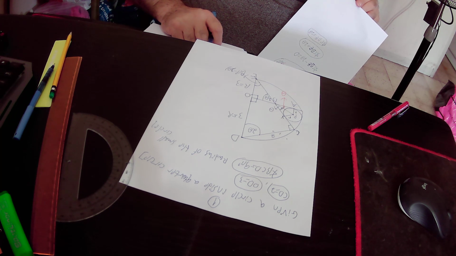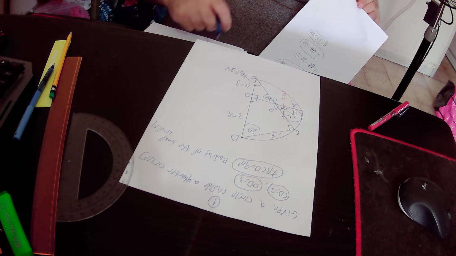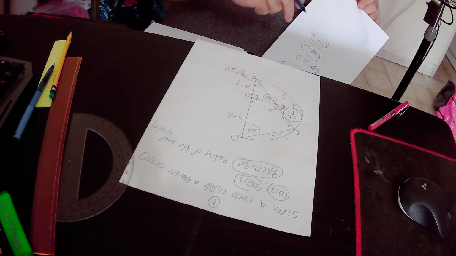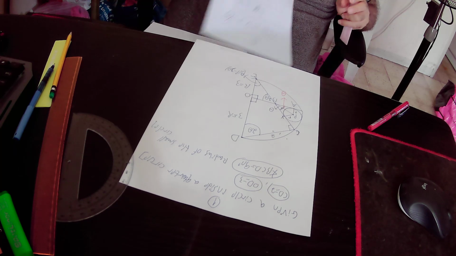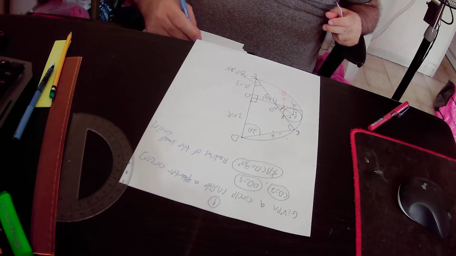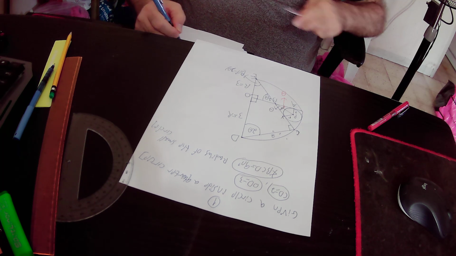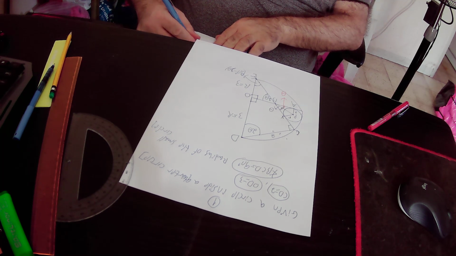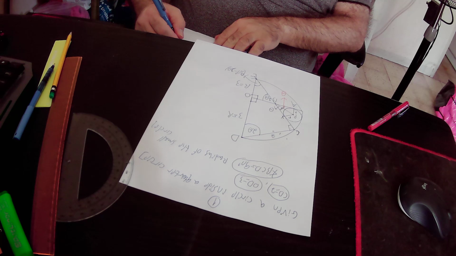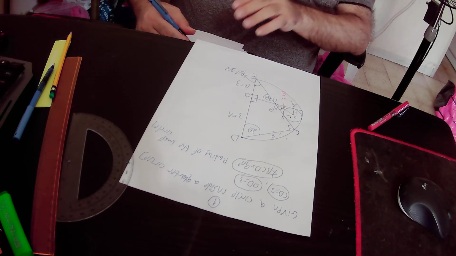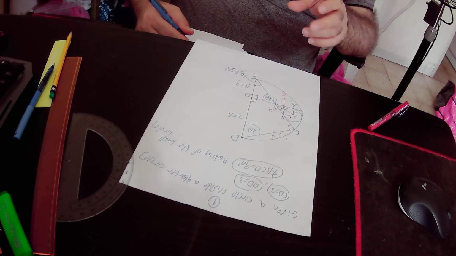So we will continue to focus on triangle CDE, the right triangle CDE. In the right triangle CDE, according to the Pythagorean theorem, the square of the hypotenuse equals the sum of the squares of the perpendiculars.